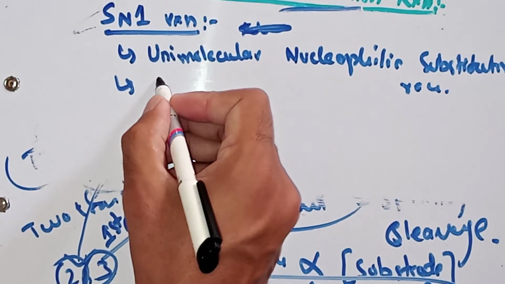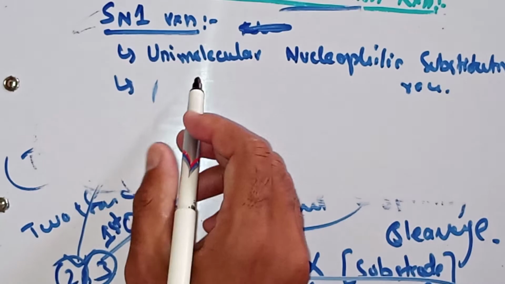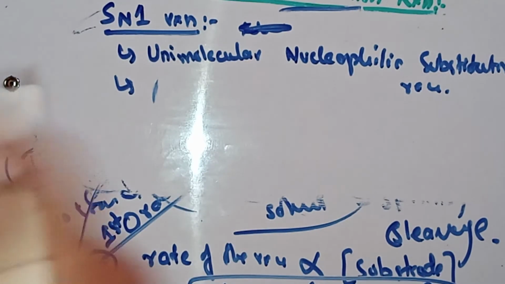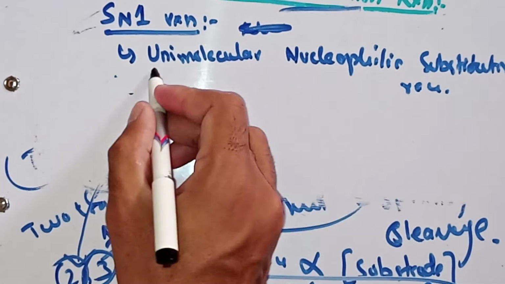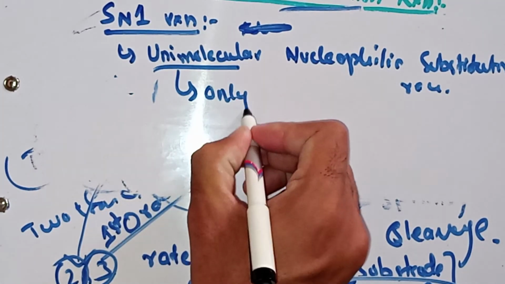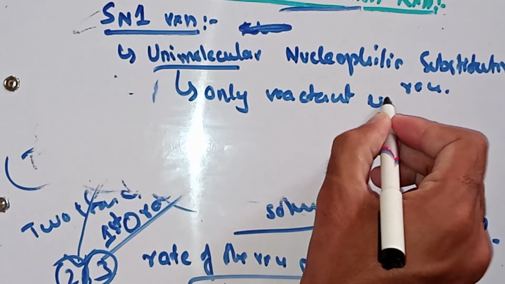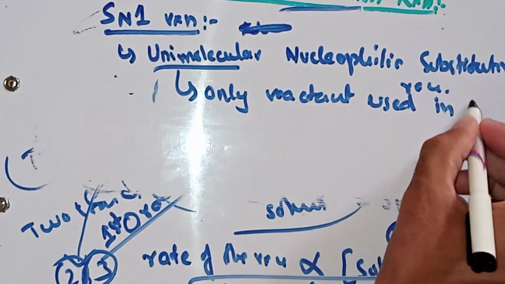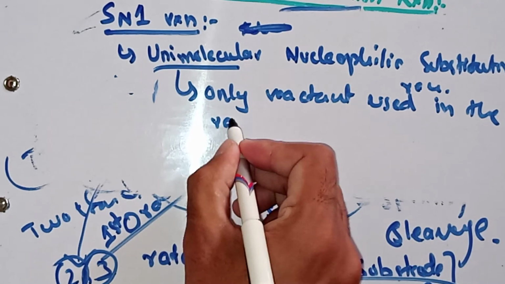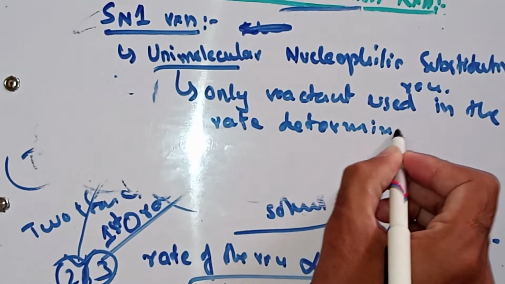It is a first order reaction, unimolecular. Here unimolecular means that only one reactant is used in the rate determining step.